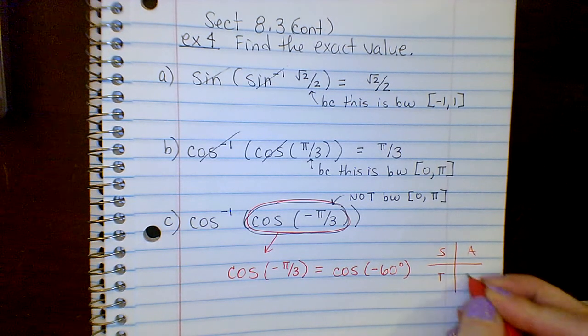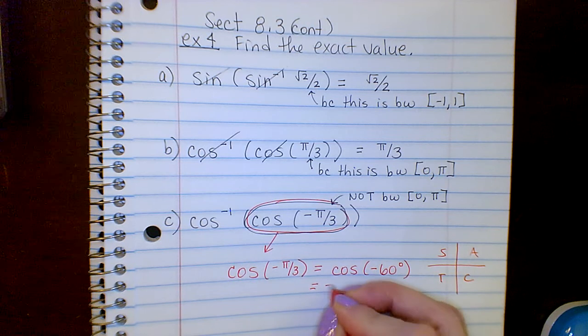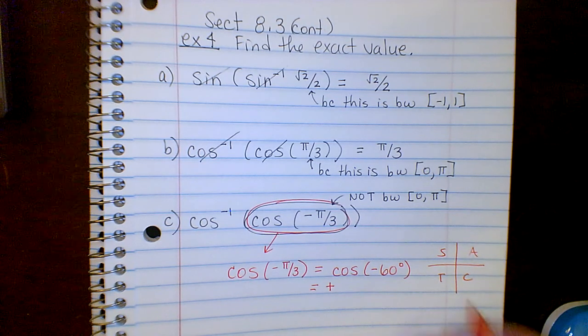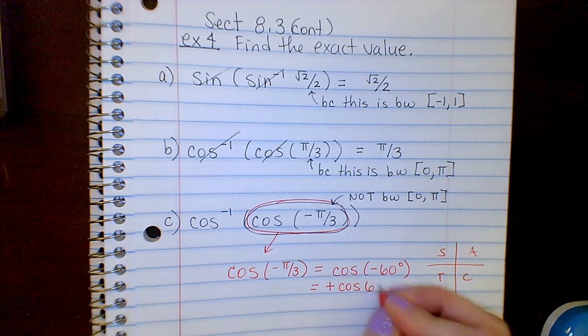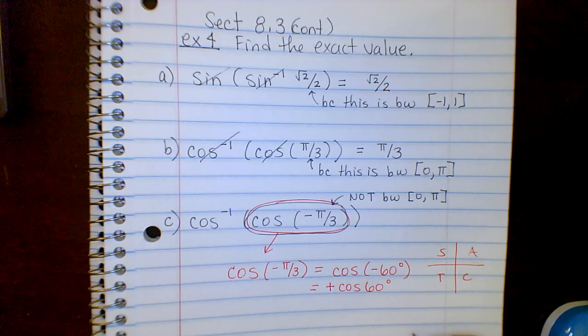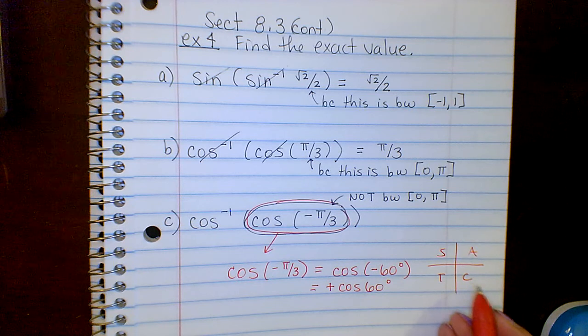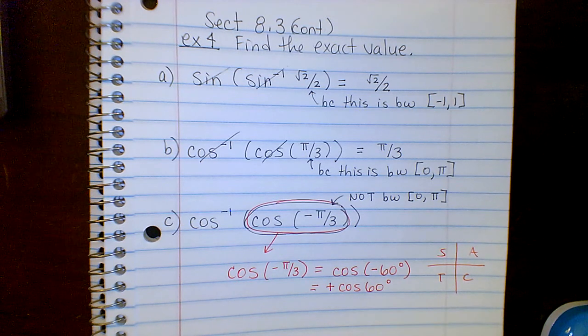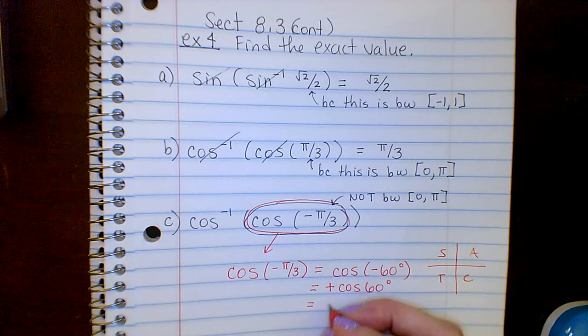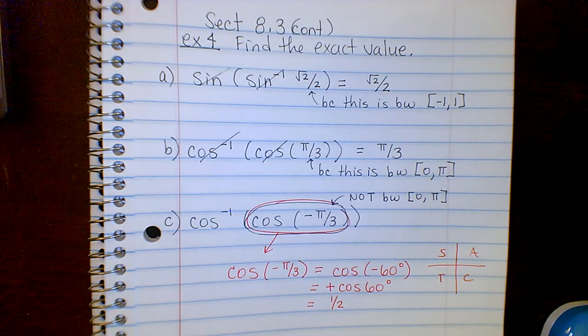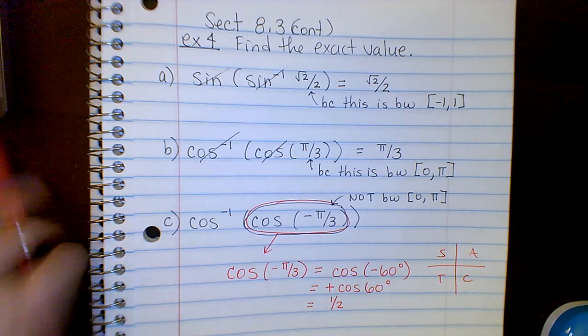That means this is going to be the same as positive cosine 60 degrees. Because -60 degrees is in quadrant 4, the cosine function is positive in that quadrant, and it has a reference angle of 60 degrees. And the cosine of 60 degrees, hopefully you got this one memorized, and you don't have to go look this up on the unit circle, is 1/2. So that means that this stuff right here is 1/2.